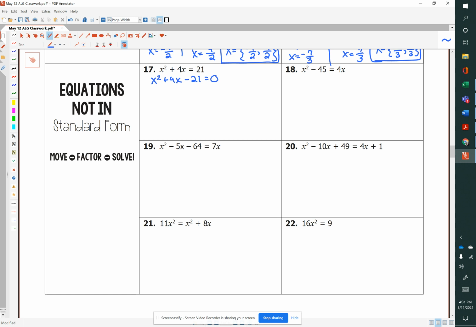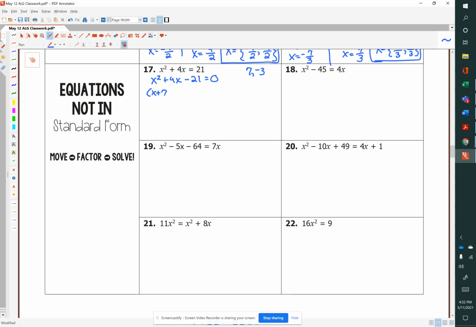And we need two numbers, a positive and a negative, that add to 4, excuse me, and multiply to negative 21. So that would be positive 7 and a negative 3.